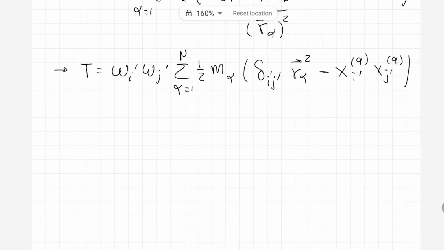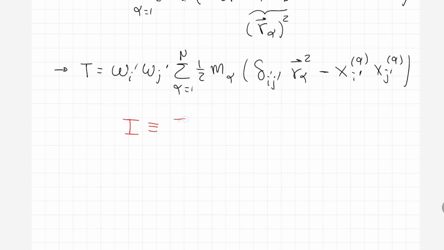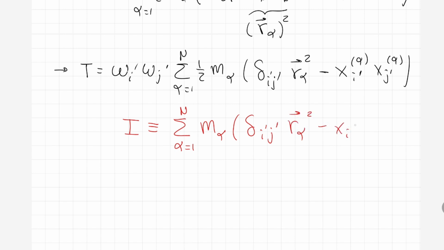Okay, perfect. So we are almost over. For now, we are going to define the inertia tensor as the 9 real numbers that are represented in the next expression. The sum from alpha equals 1 up to n of m sub alpha times the Kronecker delta ij r alpha squared minus x_i alpha x_j alpha.